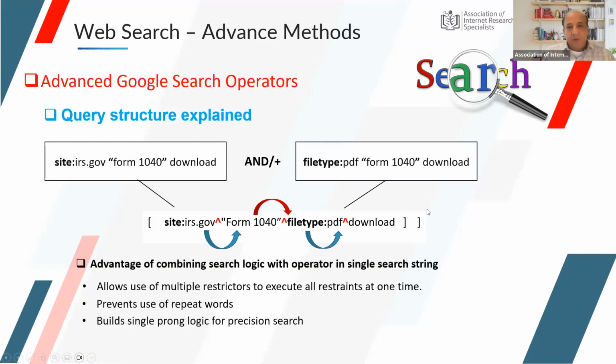When we use advanced operators, we are actually making a search more restricted by putting in different types of restrictors in the form of operators. And also, if we look at it carefully, we could use multiple operators in a single search string.